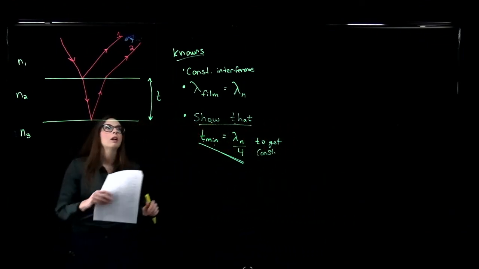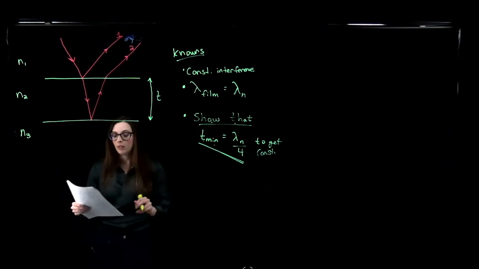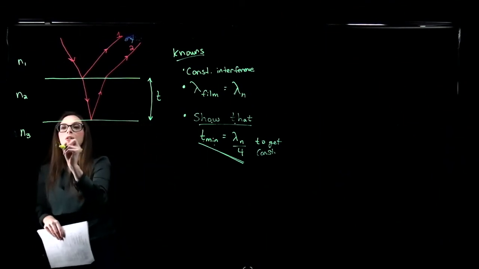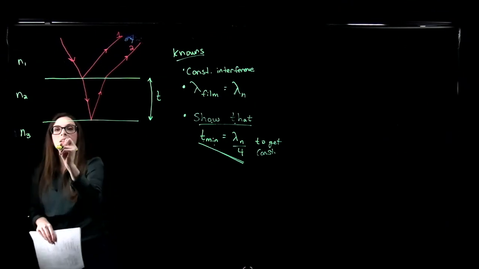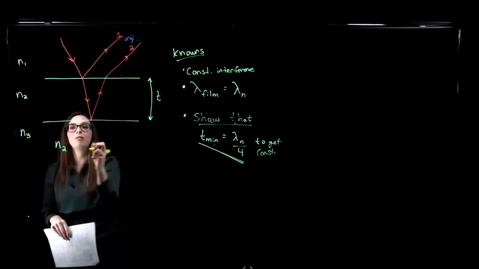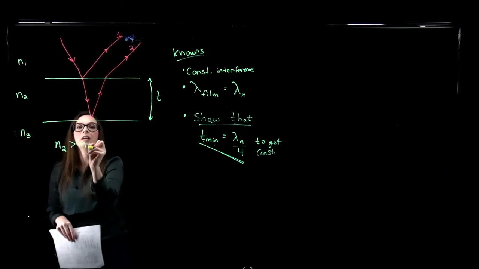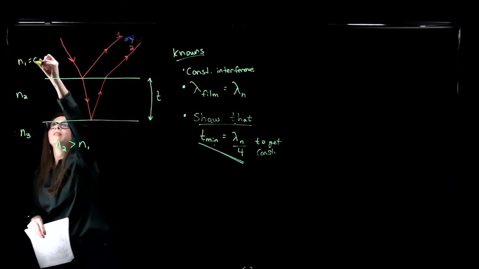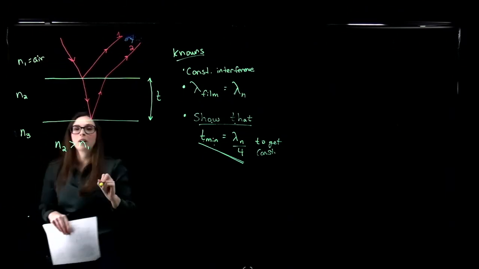So we're going to assume for this problem that N2, the index of refraction of the film, is greater than N1. So we're going to assume that essentially outside the film we have air that has an index of refraction of 1.